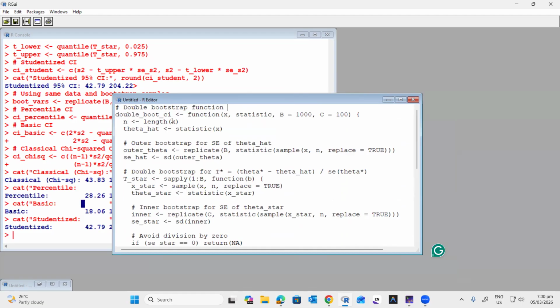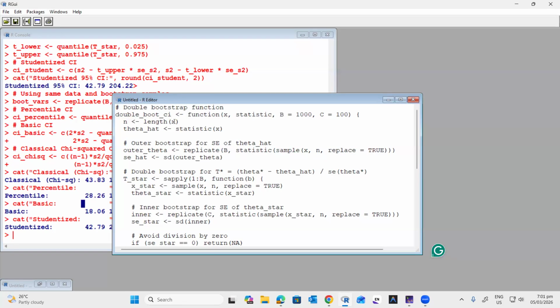In that, we are defining a function of x and statistic. Whatever statistic we are going to use: mean, median, correlation coefficient, variance. All right, and after that we are going to define B equals 1000 and C equals 100. So again we are going to take 100,000 samples. All right, so it will start here.